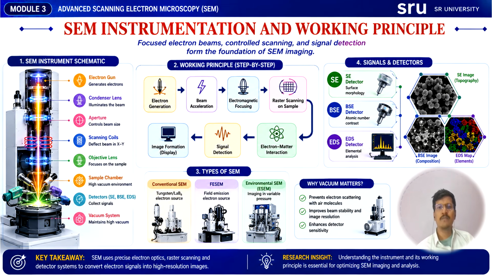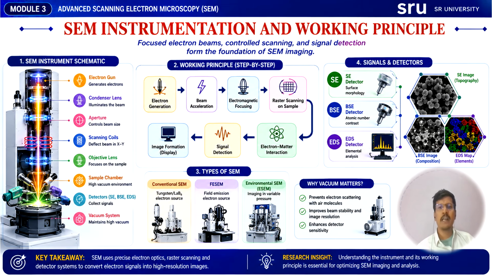As the beam scans point by point, signals are generated from each location by the multiple interactions between the electron beam and the surface. These signals are detected and converted into electrical signals.